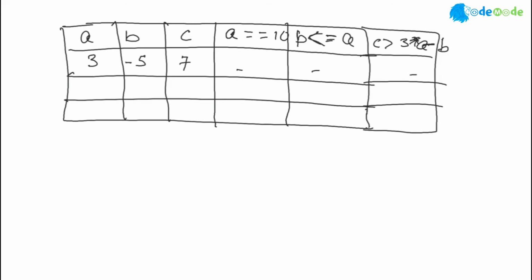So my question first to Akash: what will this evaluate to? True or false? It will be false. A equal to 10 will be false. Correct. Right? Because A is not 10. A is 3 right now. B less than or equal to A. What will this evaluate to, Anish?